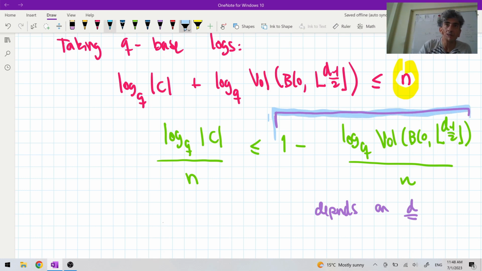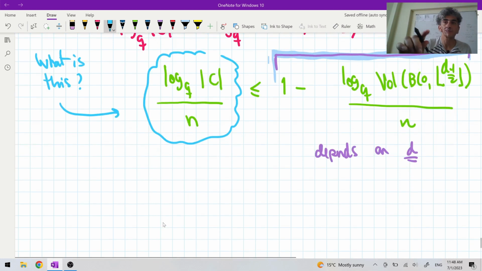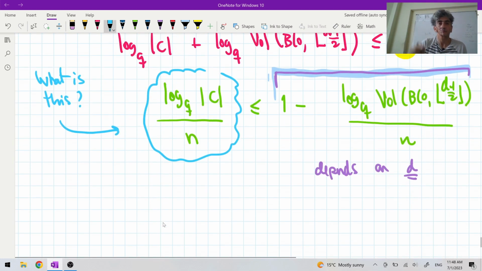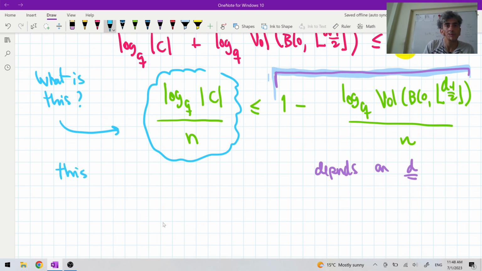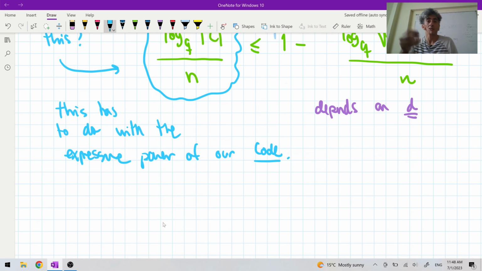And now we need to make sense of this expression over here. How do we make sense of this? This is not a very complicated idea. This has to do with the expressive power of our code. What can we say with this code?